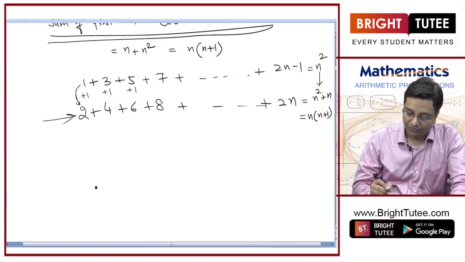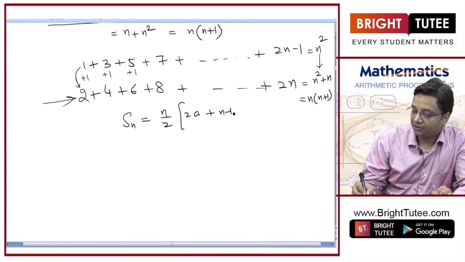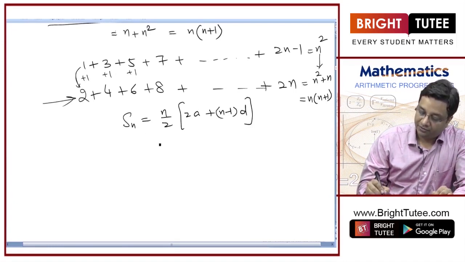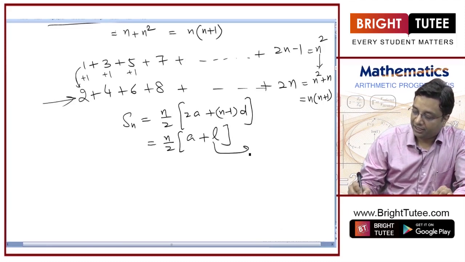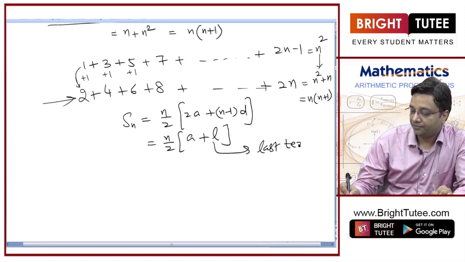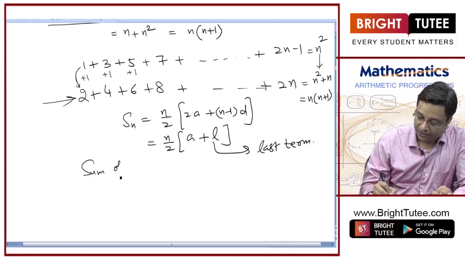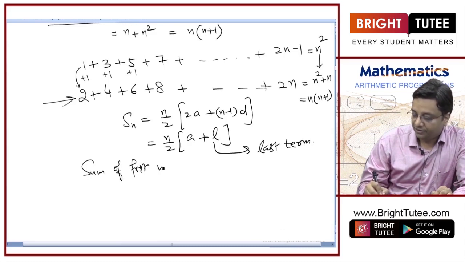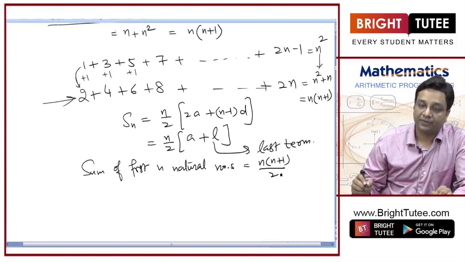So sum of first n natural numbers in AP was n by 2 into 2a plus n minus 1 into d, right? We can also write it as n by 2 into a plus l, where l is last term, right? Sum of first n natural numbers is equal to n into n plus 1 by 2, right?